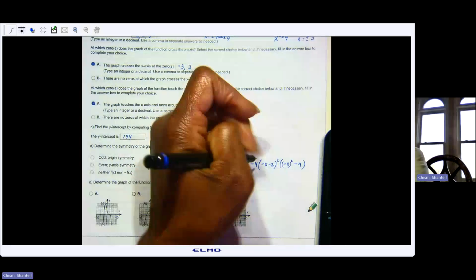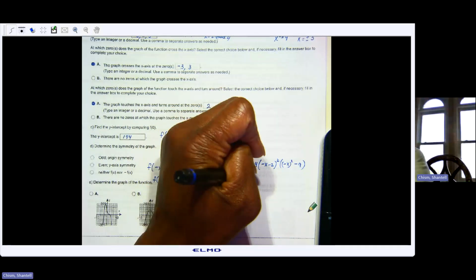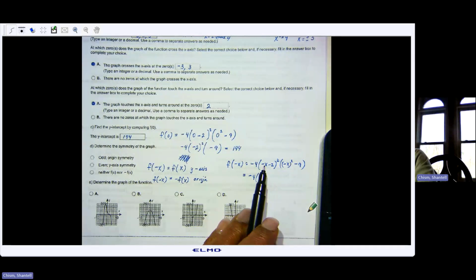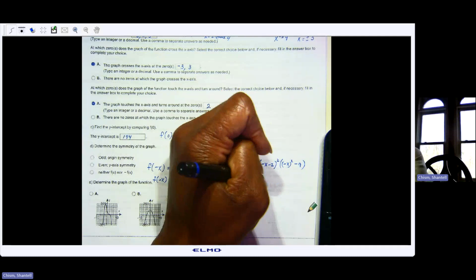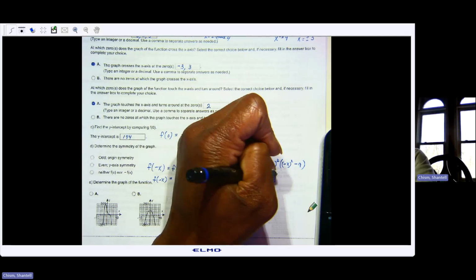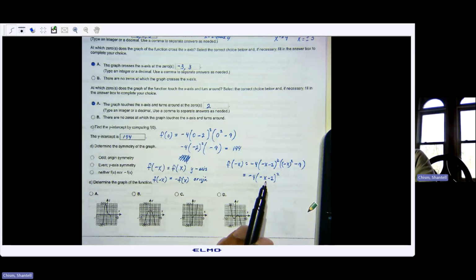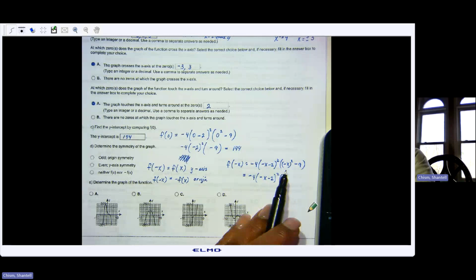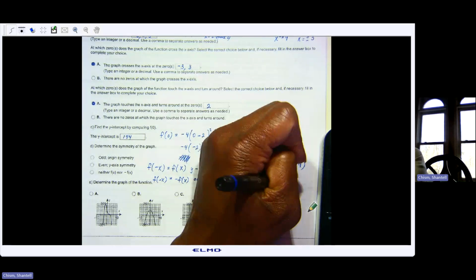So I'm going to clean this up wherever I can. I've got -4. In here, I still just have -x minus 2. There's nothing I can really do there because the whole binomial is supposed to be squared. Now, if it was supposed to be just the x part squared, then that negative will go away. But this is a whole binomial squared, so I can't really do anything there. Now, over here, though, I can. This is -x squared, so that would become just x squared and then minus 9.